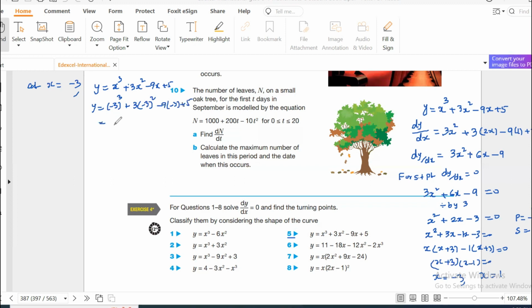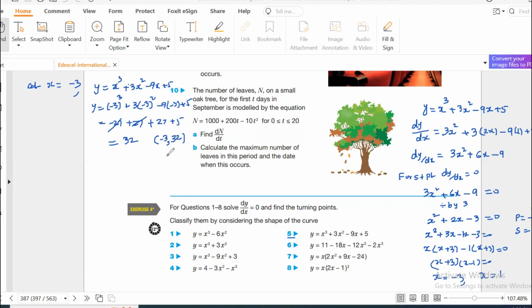That gives me minus 27. 3 threes are 9. 9 multiplied by 3 is plus 27, and minus minus is plus 27, and plus 5. So these first two cancel. 27 plus 5 gives us 32. So this is 1 point when x is minus 3 and y is 32.